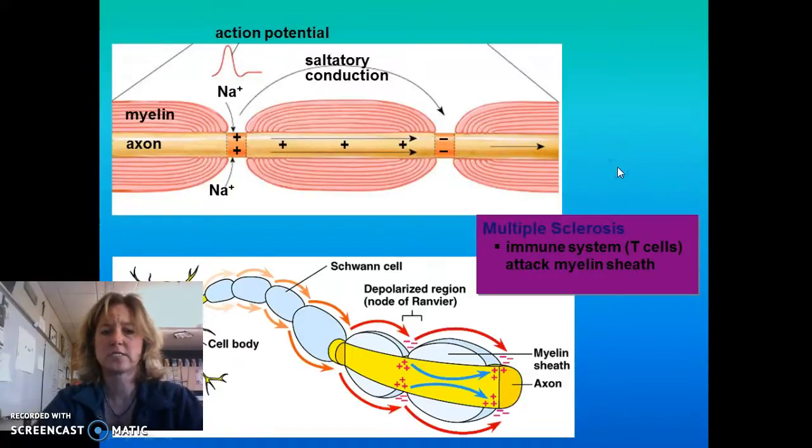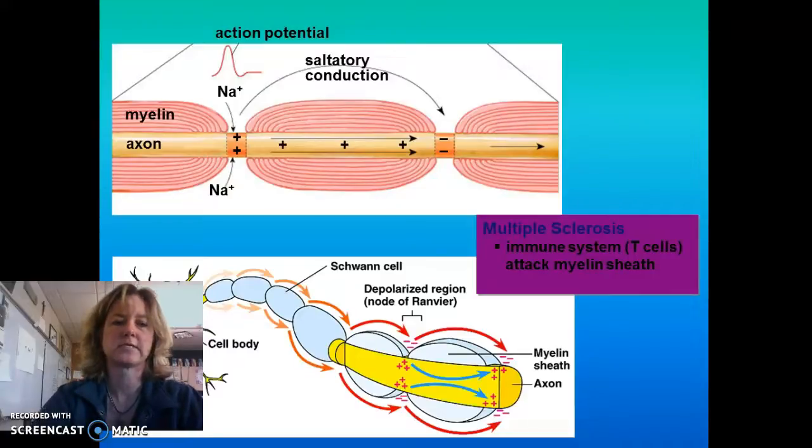So the question is, what happens if we take this myelin sheath away? If we take the myelin sheath away, the message is still going to make it from point A to point B. We are just going to slow it down. And people with multiple sclerosis, this is exactly what happens: their immune system attacks the myelin sheath.